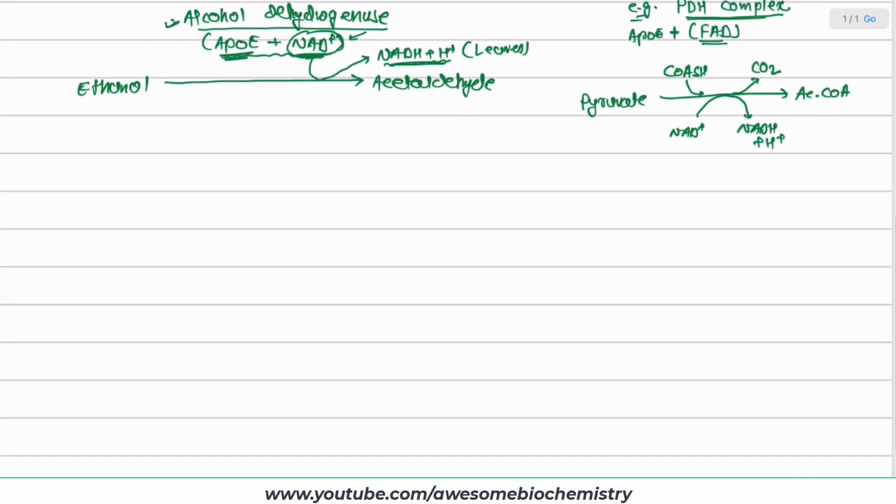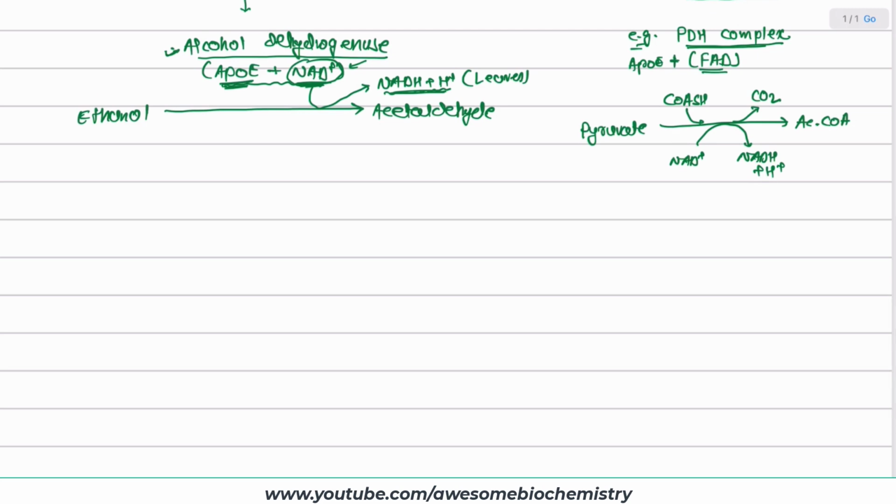Now see what happens. Suppose this is the entire PDH complex and this part is the FAD. During the midway of this reaction, this FAD gets converted to FADH2. So now it looks similar to the co-substrate type, but this FADH2 is not leaving the enzyme.